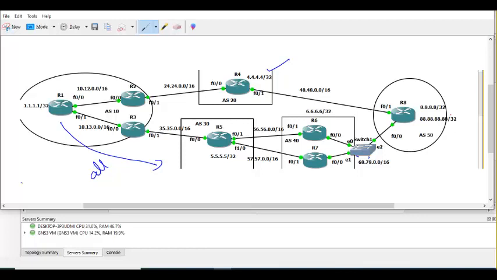R1 takes the path via R3 because you set weight. But R2 will only go as usual straight to R4. There won't be any change. R2 will go directly to R4 because we have not set any weight on R2.